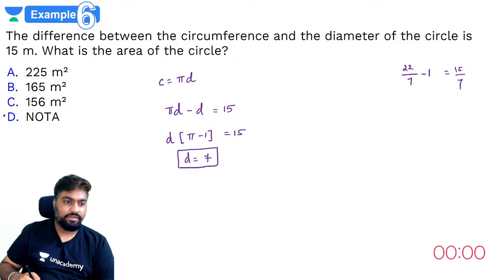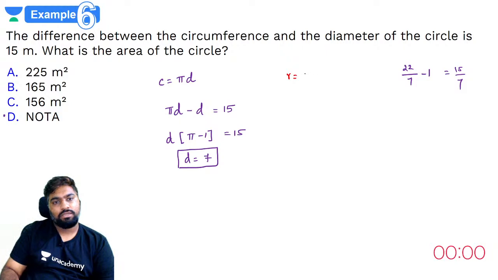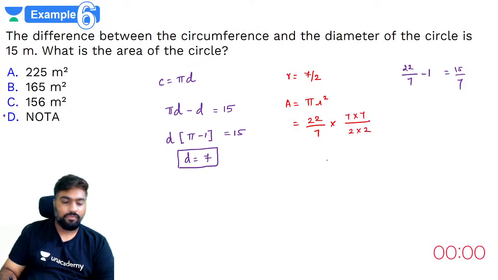Yes, diameter 7 मिल गया. इसका मतलब क्या? Radius निकल सकता है. इसका मतलब क्या? Area निकल सकता है. Radius is what? 7 by 2. Area is pi times r square, which is 22 by 7 into 7 square by 2 square. एक 7 eliminate, एक 2 eliminate.